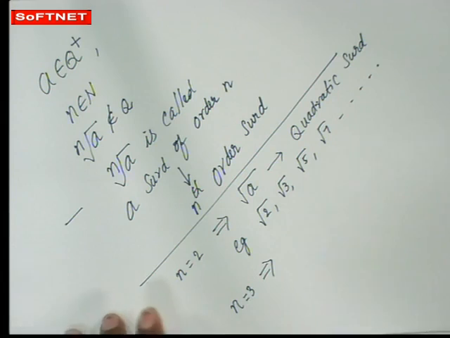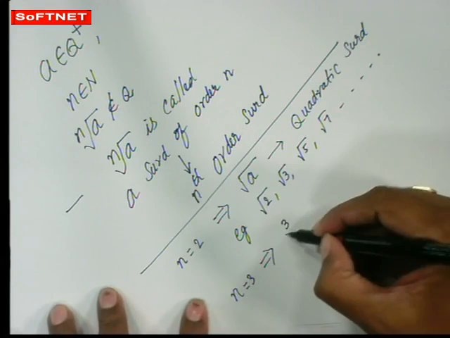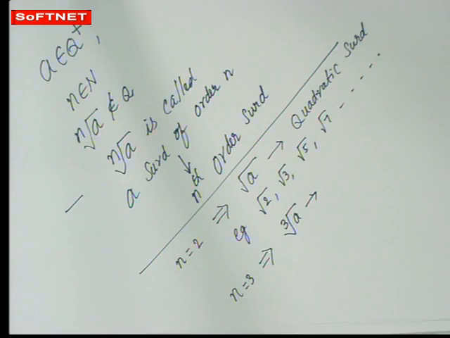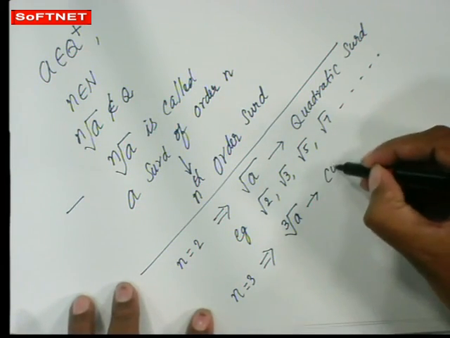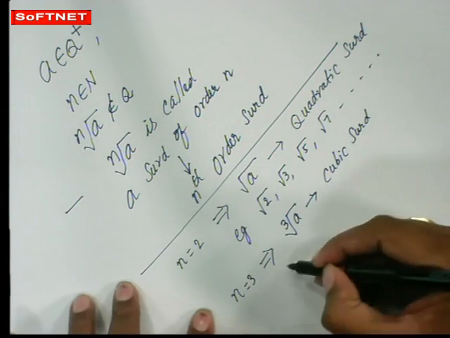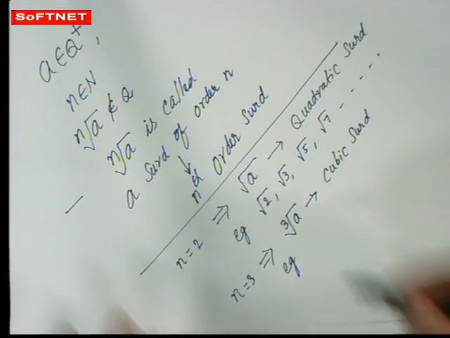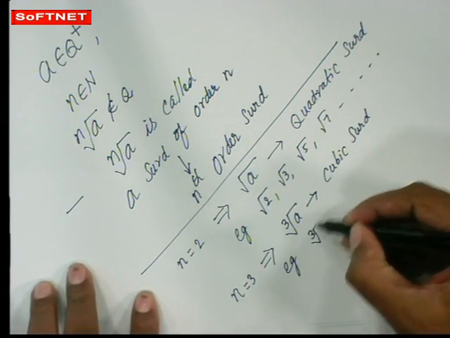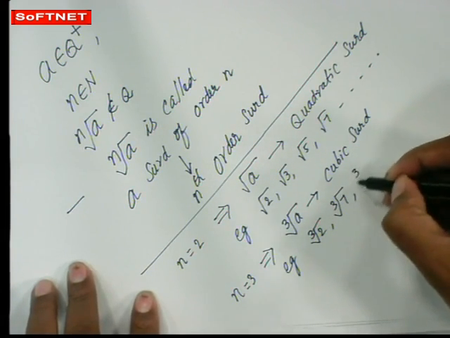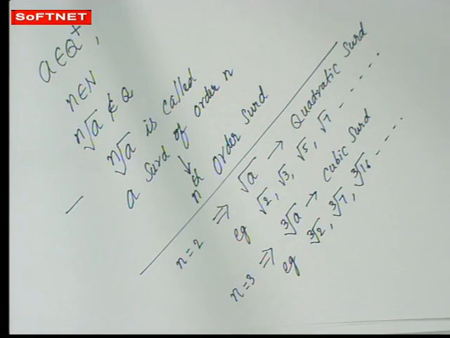That is cube root A. So this cube root A is known as a cubic surd. Examples are cube root of 2, cube root of 7, cube root of 16 and so on. They are called cubic surds.